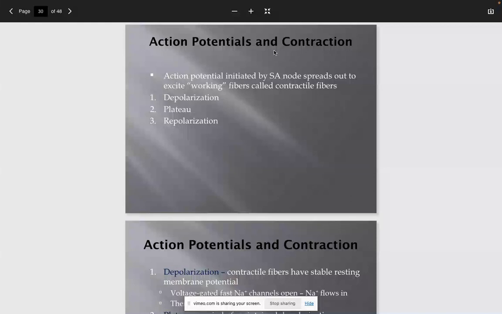We will eventually reach a period when repolarization happens. During repolarization, the sodium ions do not enter the cell, and the resting membrane potential comes back down to its set point of negative 70.